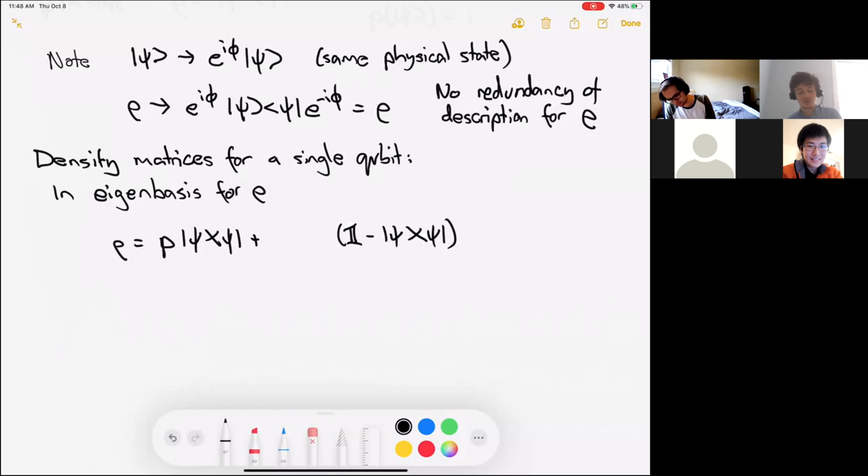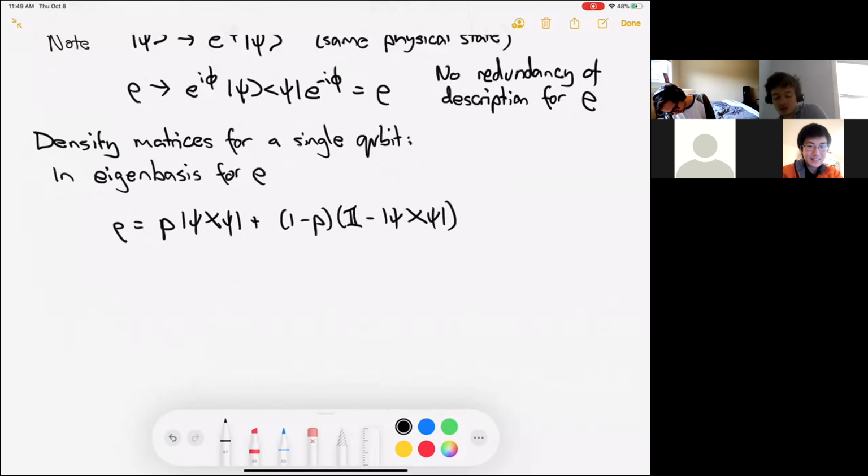Well, the trace has to be equal to 1, so the eigenvalues have to add up to 1. So this is just going to be 1 minus p times the identity minus ket psi bra psi. So an arbitrary density matrix is uniquely determined by a single probability p and a single state ket psi.